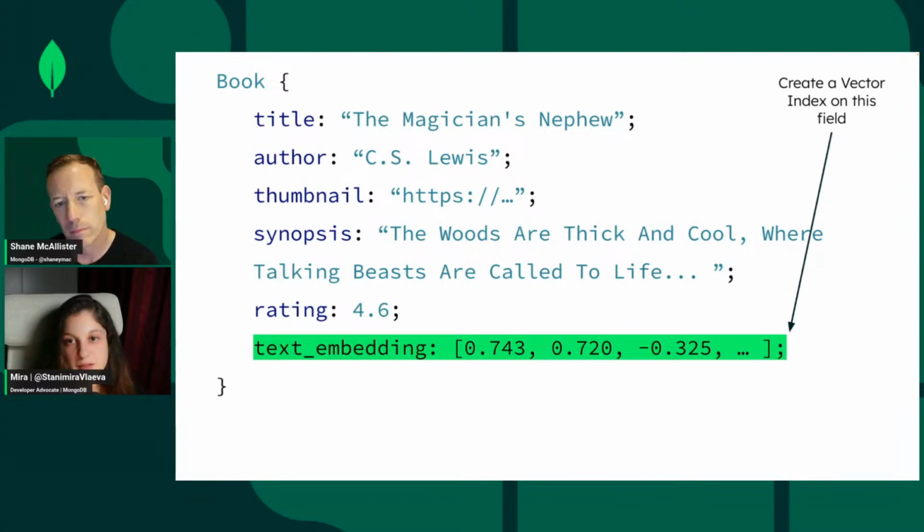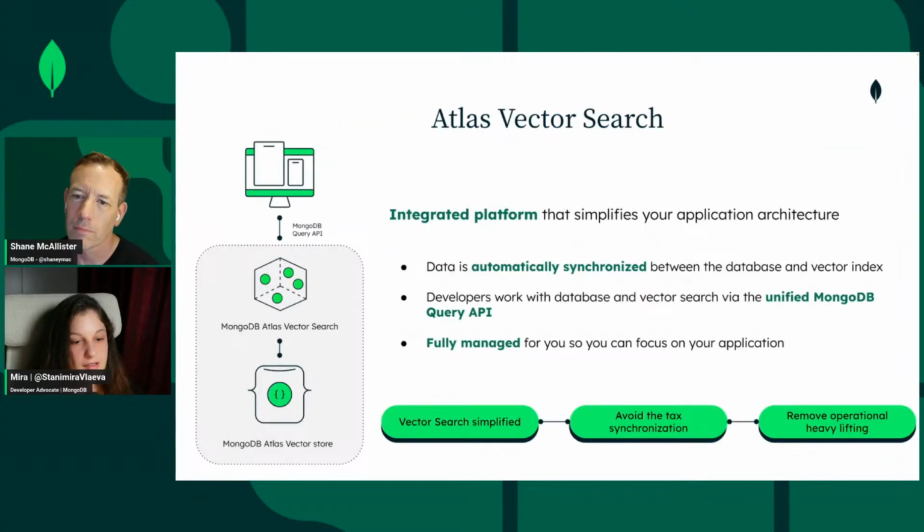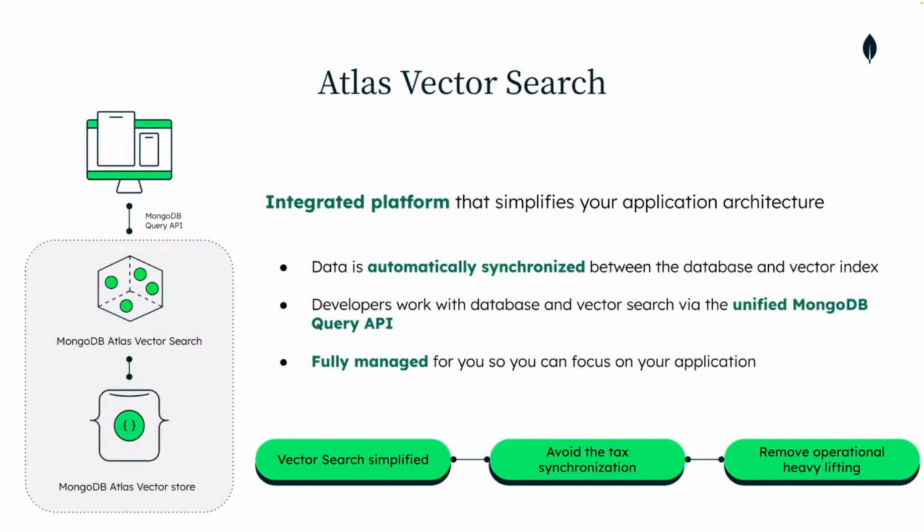You can also build a vector index and search for these documents, which is probably the biggest use case people use these vectors in MongoDB for. So we put the text embedding, the vector, in here, and then we can use Atlas Vector Search to build a search index on top of it and search for documents using vector search.